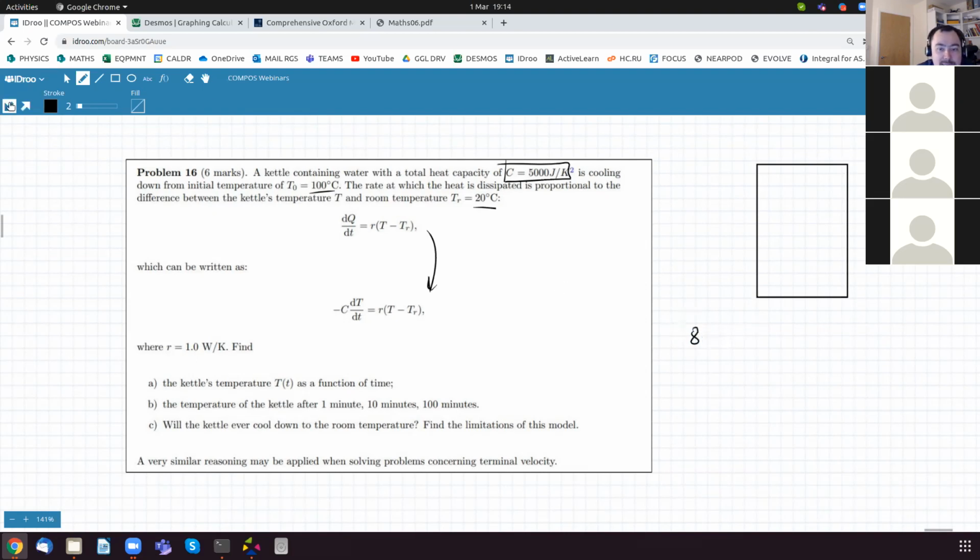So it's going to be 100 minus 20, multiplied by 5,000. This is the amount of heat that needs to be dissipated in order for it to reach room temperature.